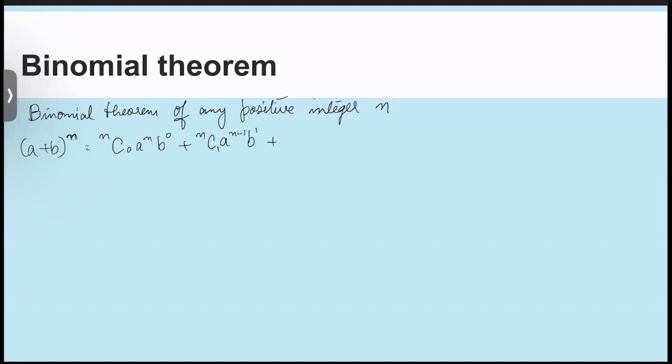plus nC1 a^(n minus 1) b^1 plus nC2 a^(n minus 2) b^2 plus, just a general term, any of the general terms in between, nCr a^(n minus r) b^r, and the last term of the expansion, nCn a raised to 0 and b raised to n.